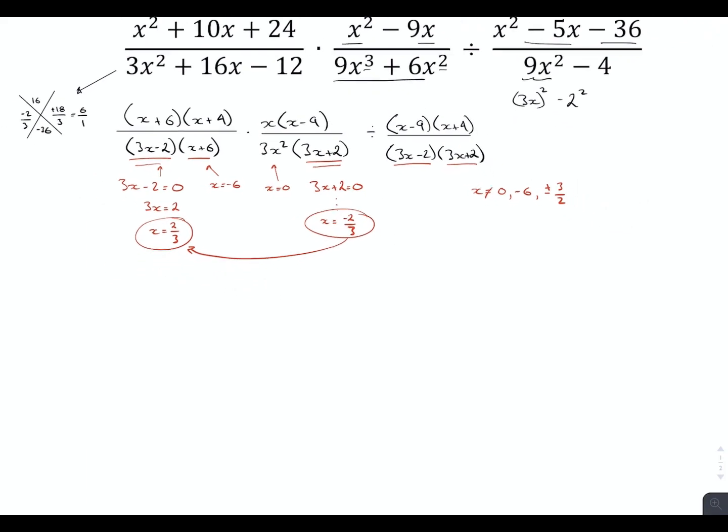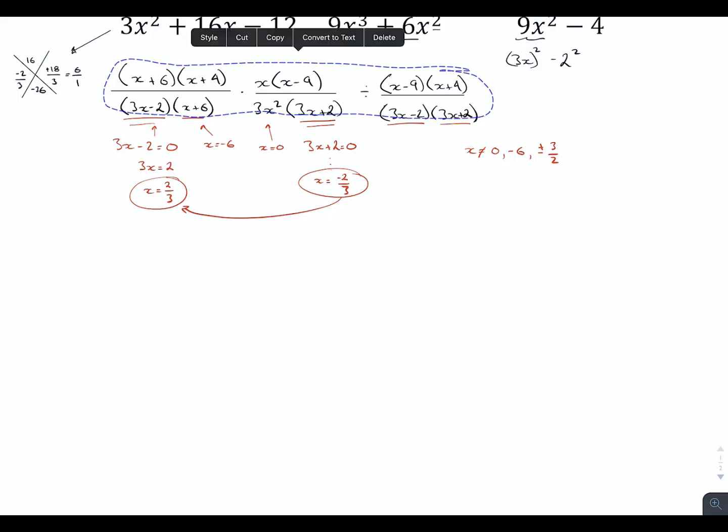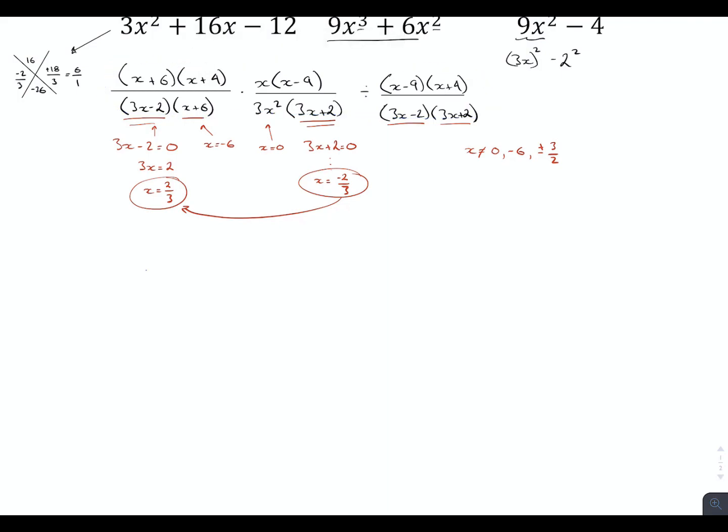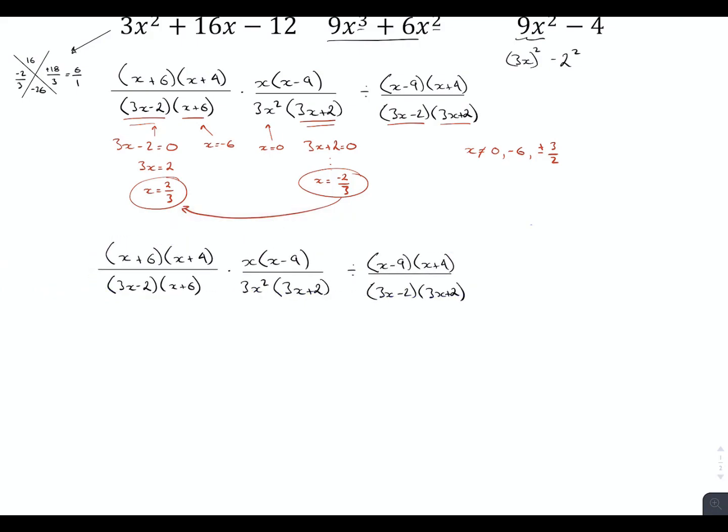Okay, now we are ready to do the fun stuff, which is cancel out common factors. And before I do that, I'm just going to copy this here, put a big circle around it, bring it down here, and let's see what we can start to cancel out.